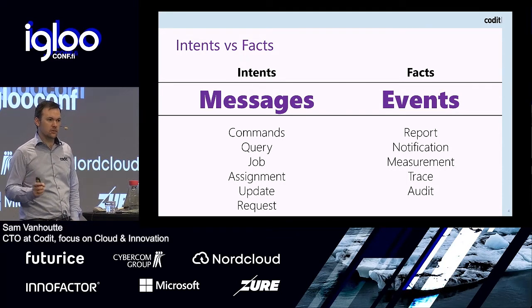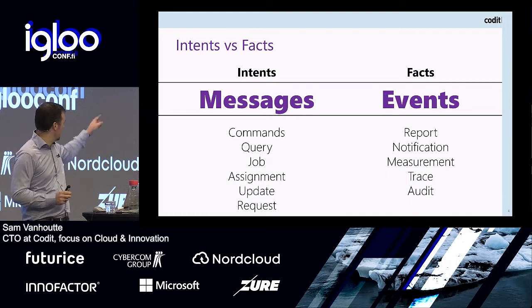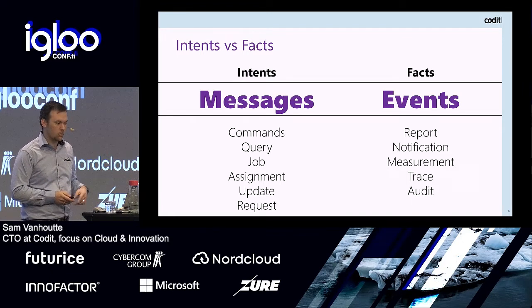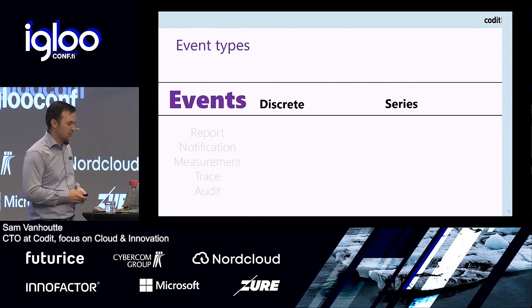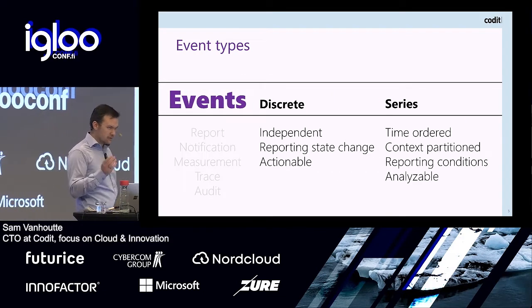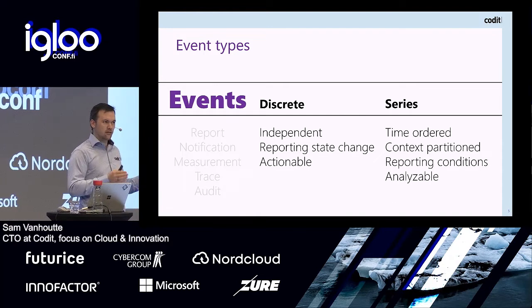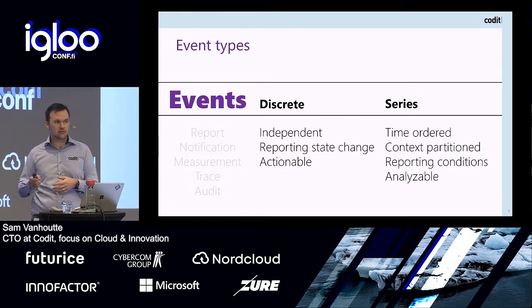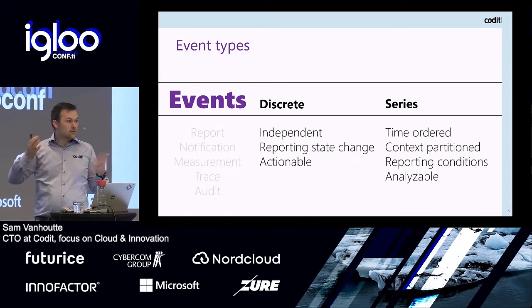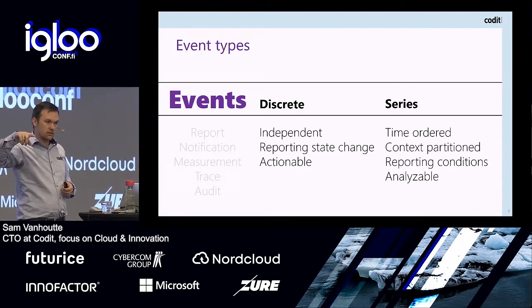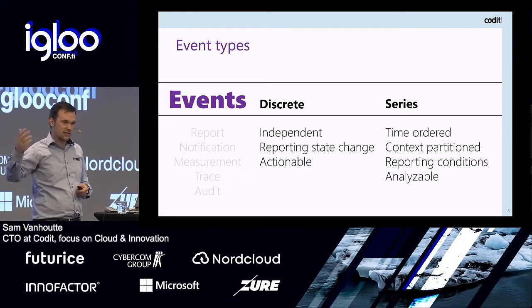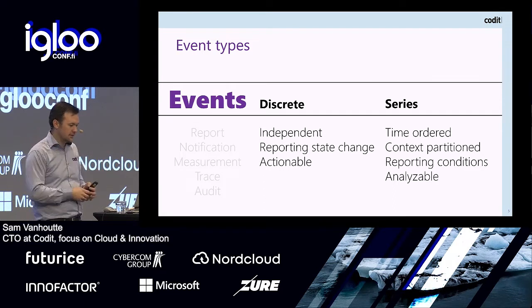So Event Grid will be typically more used for the right side type of events, while you have other services that will be used on the left side for messaging. You have different types of events. You have discrete events, and you have series of events. Series of events, it's quite common to think about time series of signals, of vibrations of engines and things like that, things that just come as a stream, log files, clicks on a website, these things.